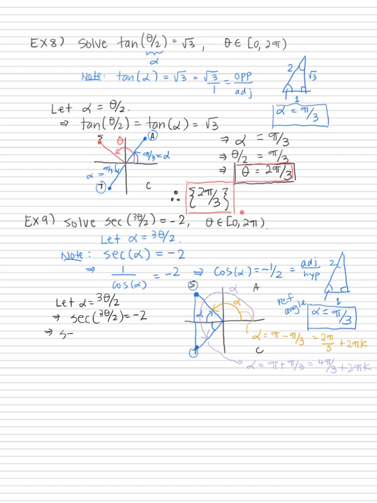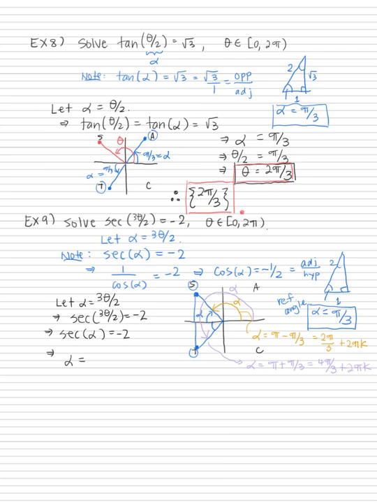And secant of alpha is negative 2. So we just worked it out. So that implies that our alpha is either 2 pi over 3? Was it? That's a pi. My goodness, my handwriting is just getting whack.